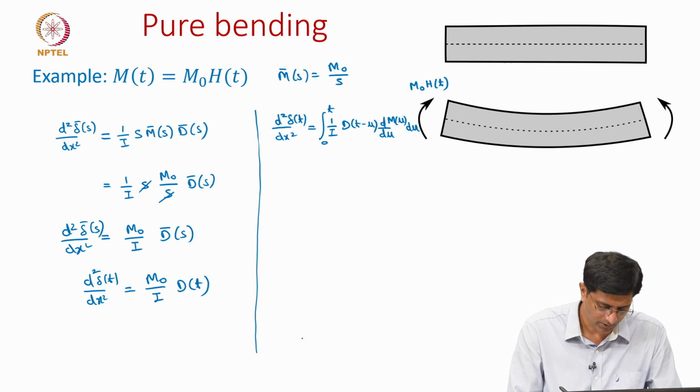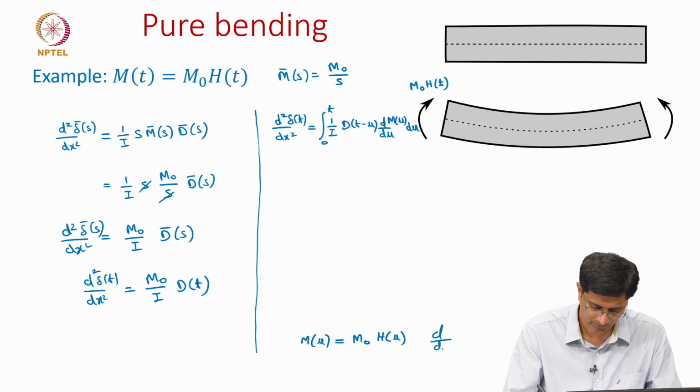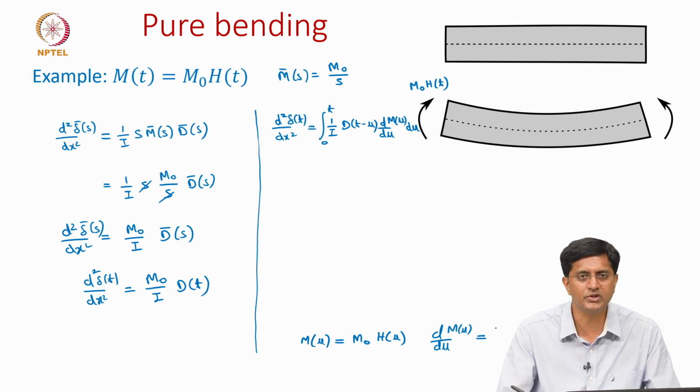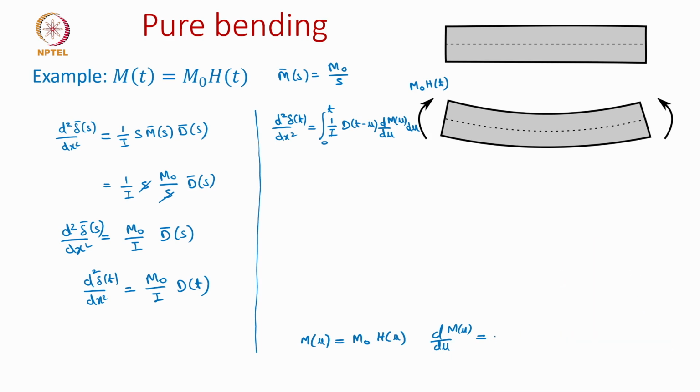So, first let us write the given moment in terms of u, which is M naught times H of u, and the derivative of this is, since the derivative of the step function is the Dirac delta function, we will write it as M naught times the Dirac delta function delta as a function of u.